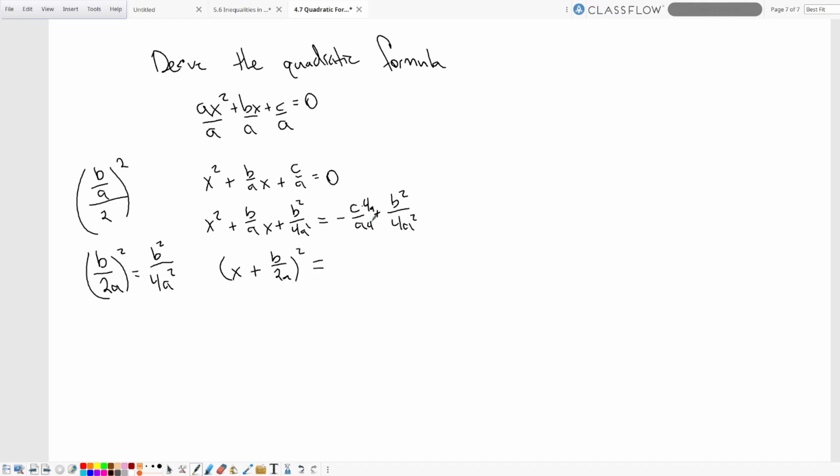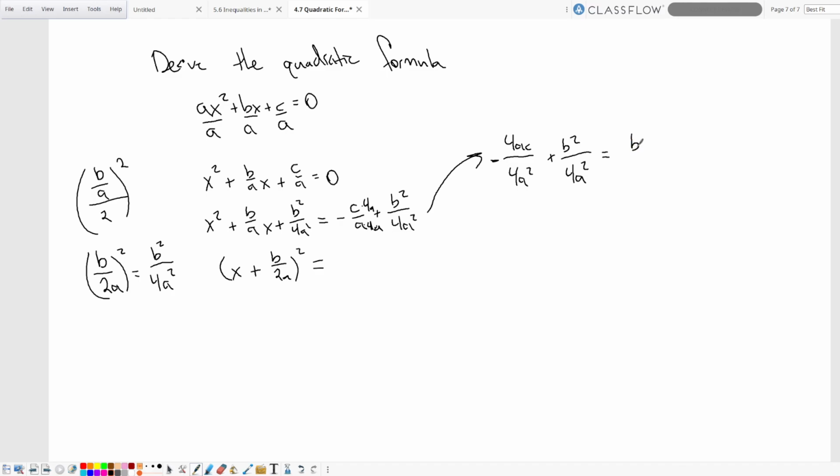When we multiply that by 4a, and I'll jot this off to the side, we have 4ac over 4a squared, and then we'd have the plus b squared over 4a squared. Actually, this should be a negative because there was a negative. And now another thing I'm going to do is flip the order of these.